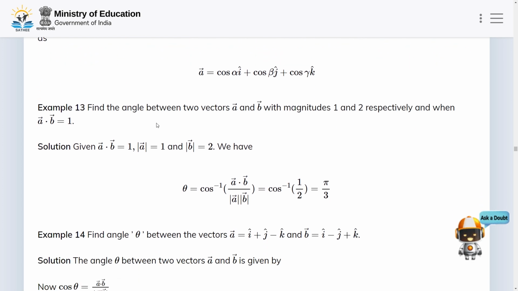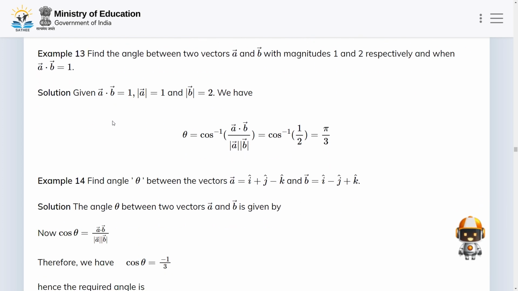Okay, now let's see some examples so that you will have a clear idea of what we have just seen. Find the angle between two vectors if their magnitudes 1 and 2 are given, where 1 is the magnitude of vector A and 2 is the magnitude of vector B, and their scalar product or dot product is equal to 1.